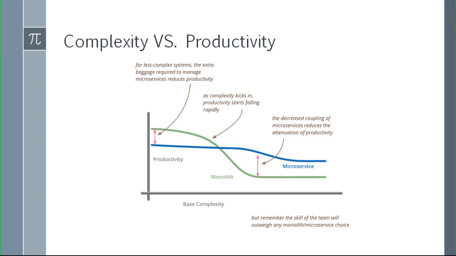And whenever the complexity of your system increases, the productivity of the monolithic approach will be reduced, and the productivity of the microservice architecture will be increased. So the decreased coupling of microservices reduces the attenuation of productivity.